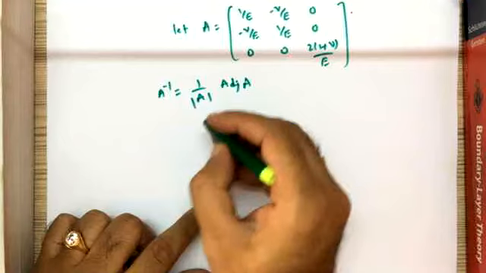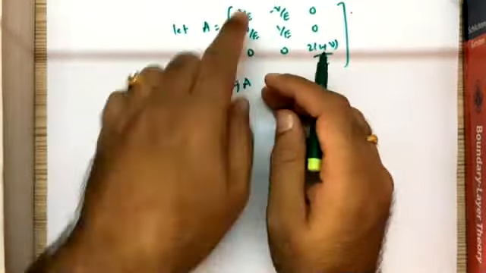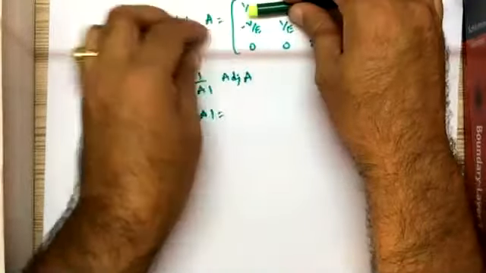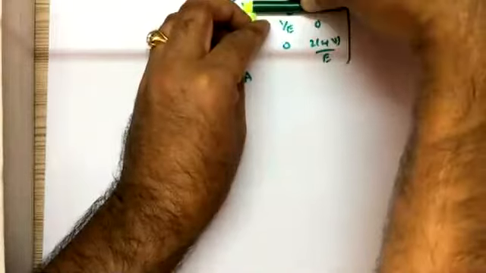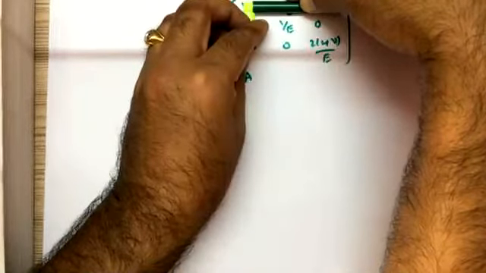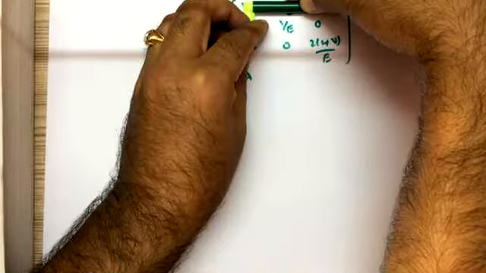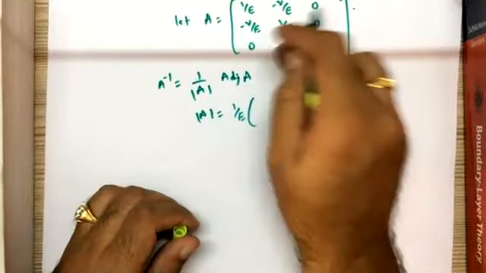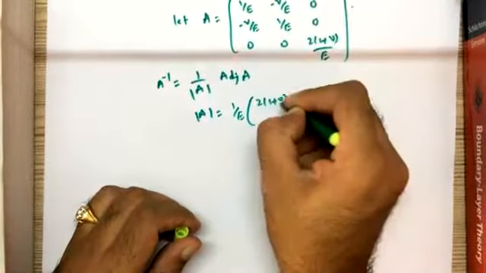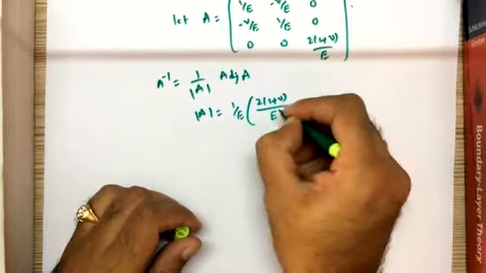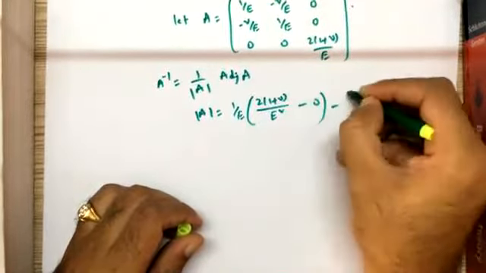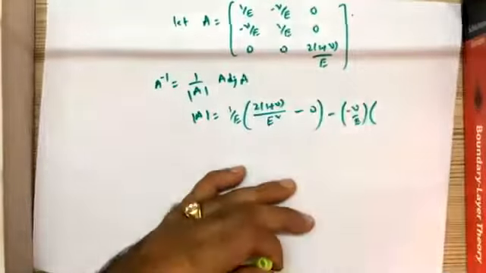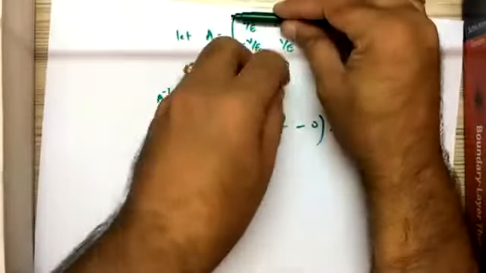Det A of this matrix is, see, for the first element, you take out its row and column, and you take the det of the remaining elements: 1 by E, 0, 0, 2 into 1 plus nu by E. So 1 by E into 2 into 1 plus nu by E, so 1 by E into 2 into 1 plus nu by E squared, minus 0 into 0, minus of minus nu by E into the det of the remaining elements after taking out that particular row and column.